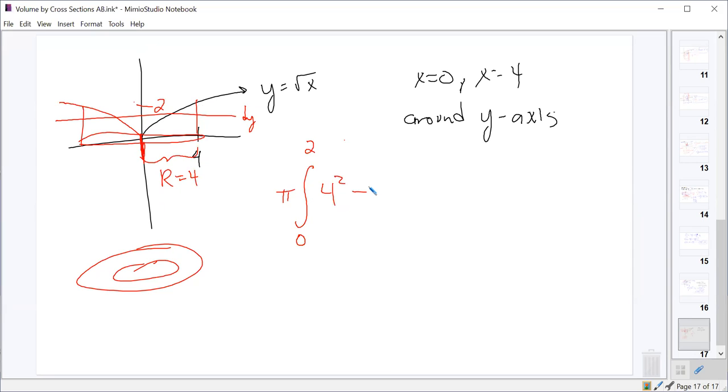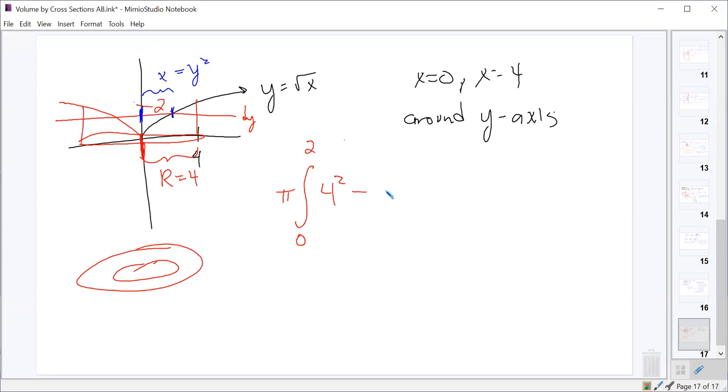What about our inner radius? 4 minus our function. Our inner radius would be from here to here for the cross section that I started to draw, wouldn't it? That distance is just x, which is y squared.